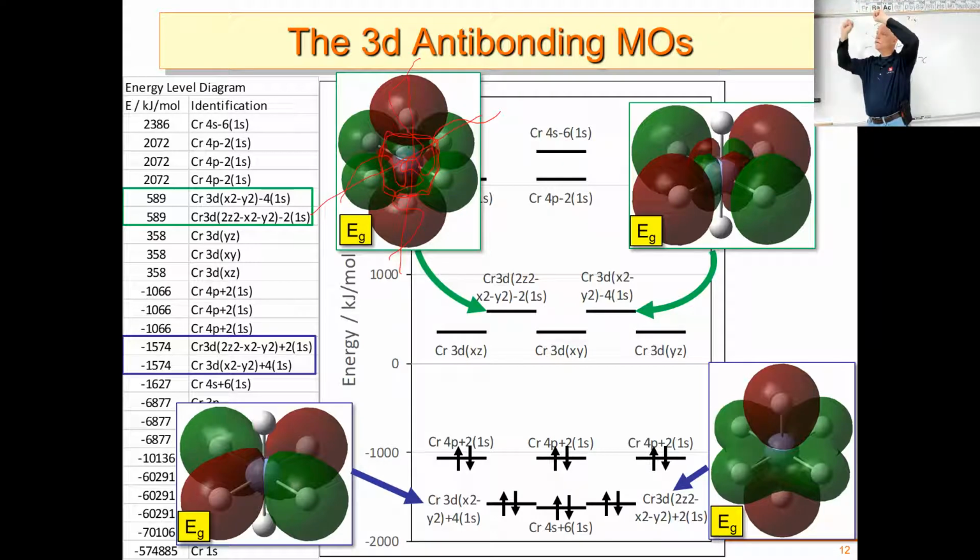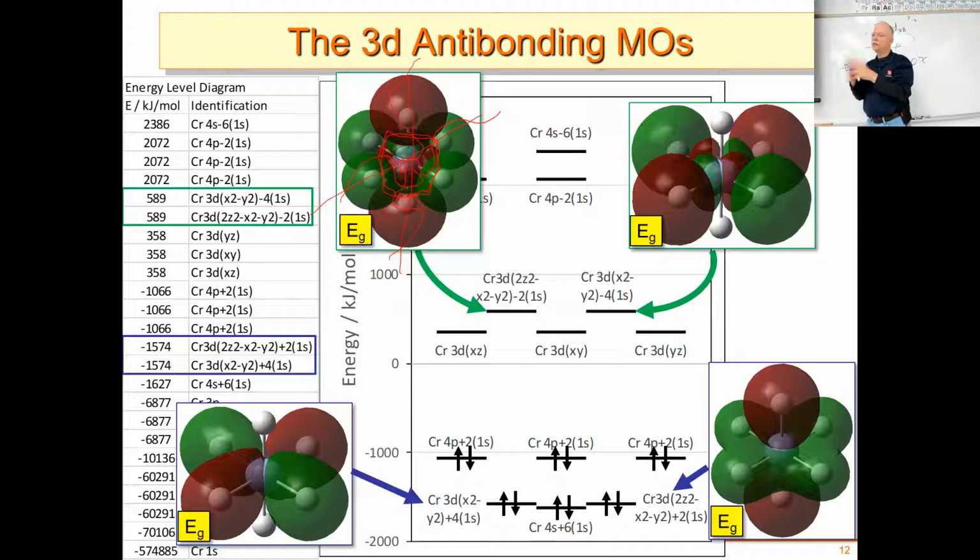So it does what's called a self-consistent field. It adds these 1s orbitals in and d orbitals in at different strengths until it gets what we call a self-consistent field to solve that Schrodinger equation. And once it comes up with the minimum energy for that particular orbital, then it stops and goes on to another one.